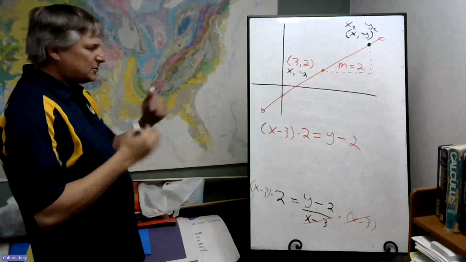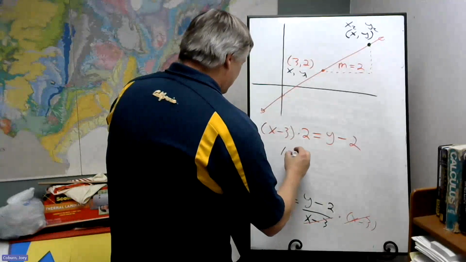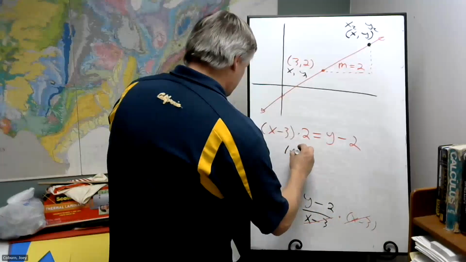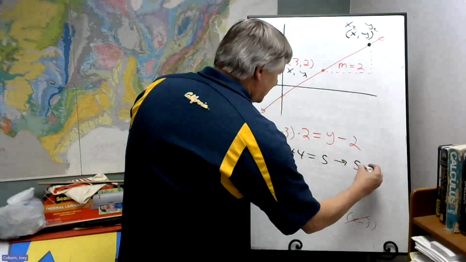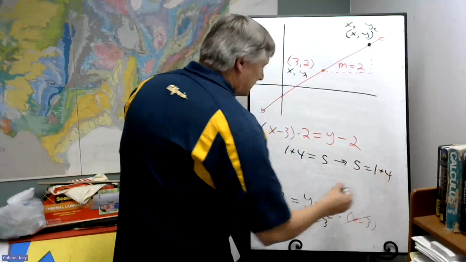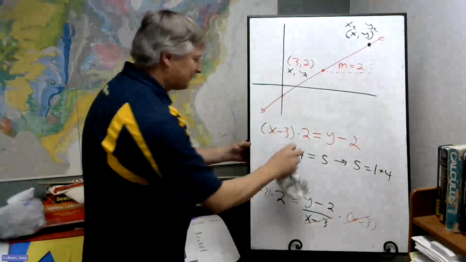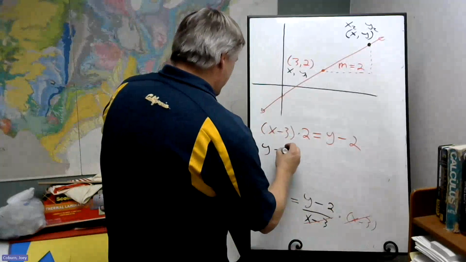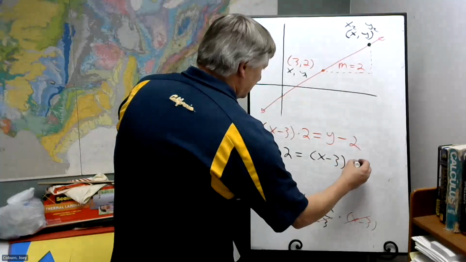And we can switch around the equal sign. Just for example, 1 plus 4 equals 5. We can rewrite that as 5 equals 1 plus 4. It says the same thing. So we're going to do that here. y minus 2 equals x minus 3 times 2.